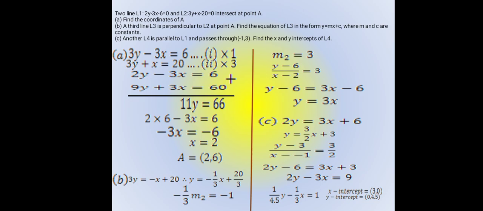C, another line, L4, is parallel to L1 and passes through point (-1, 3). Find the x and y intercepts of L4.